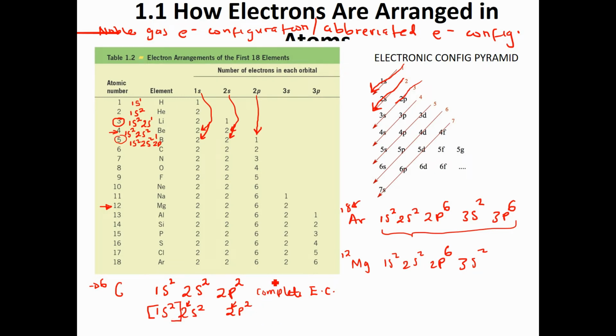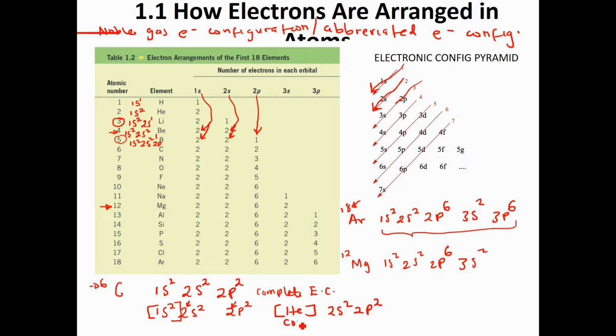So for the abbreviated form, look at the element that's right above carbon in the noble gas column, and that will be the shorthand for 1s2. In this case, it's going to be helium, because helium happens to have 2 electrons in the noble gas, and then the rest will be written outside.